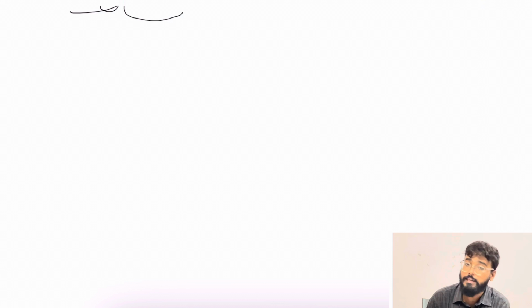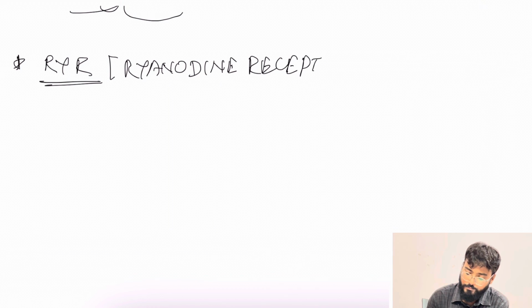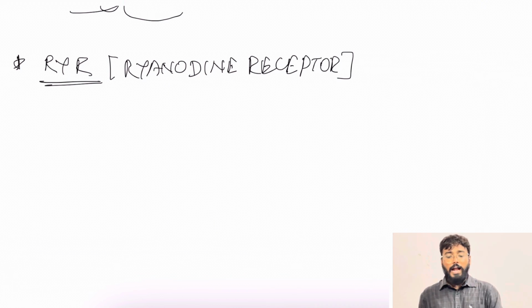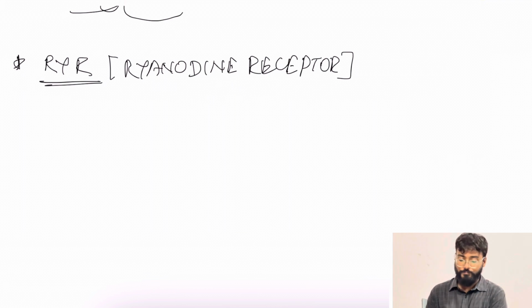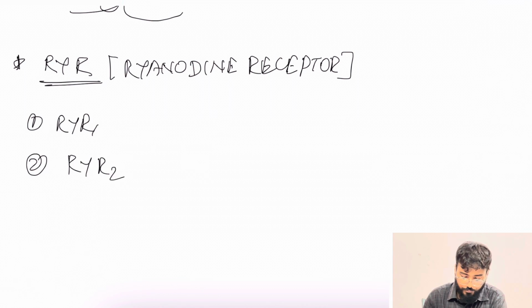Now we will see the different types of ryanodine receptors. This is your ryanodine receptor. How many types of ryanodine receptors do you know? There are actually 3 types: type 1, type 2, and type 3.